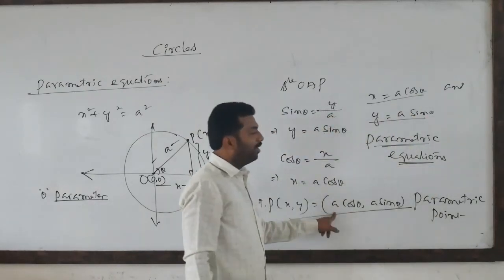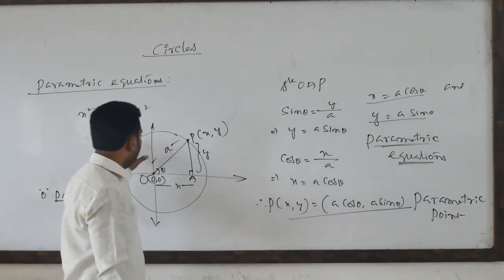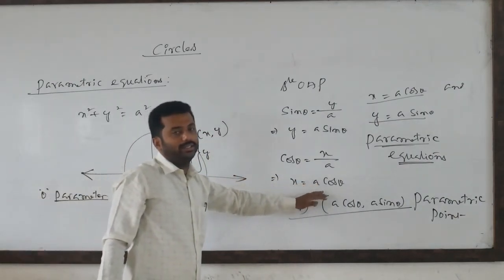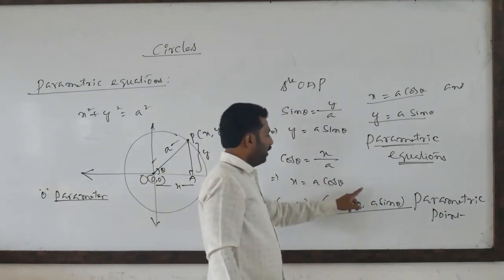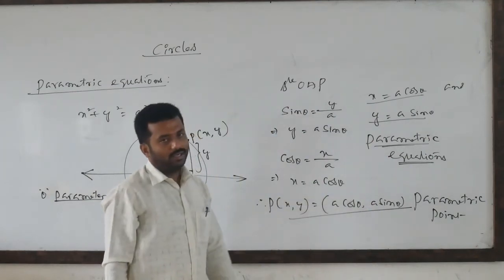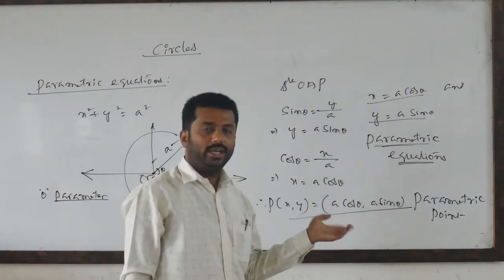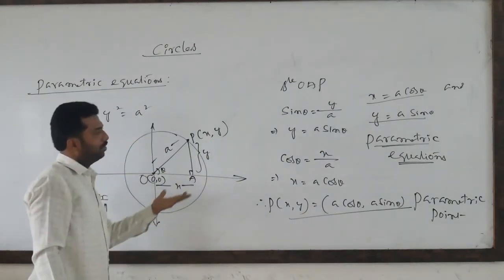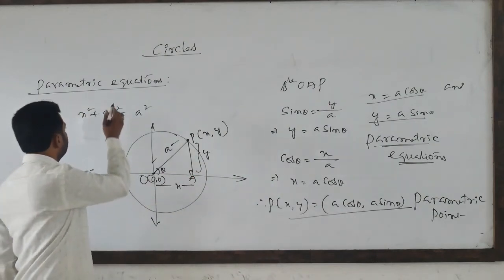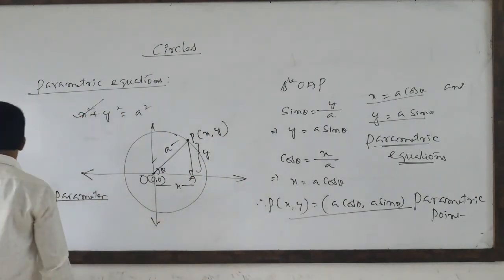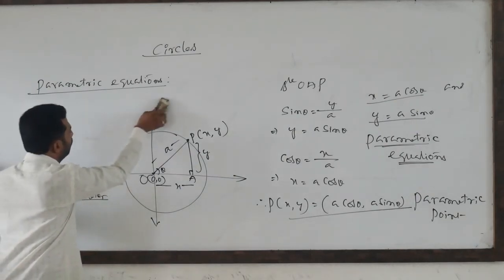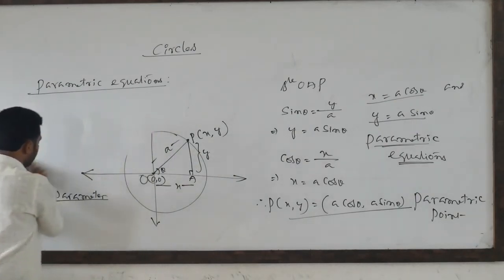These are the parametric point. So if you want to take an unknown point on the circle, directly you have to take it like this: a cos theta, a sin theta. Theta means any parameter. So this is the parametric equations on a circle, meaning parametric point and parametric equations of a circle.